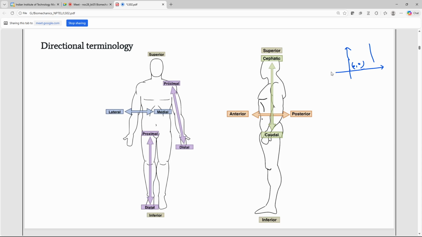All those things can be fixed or expressed only if we have a reference position. So with that, we can use this reference position to fix our directional terminology.